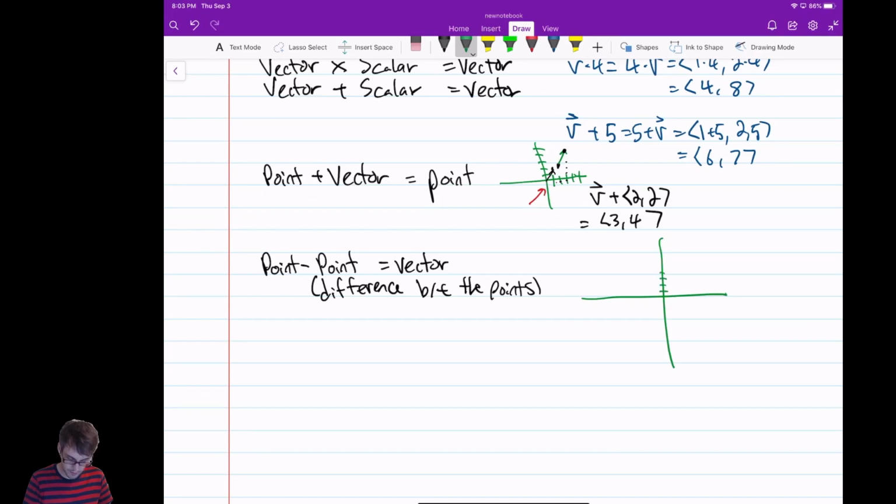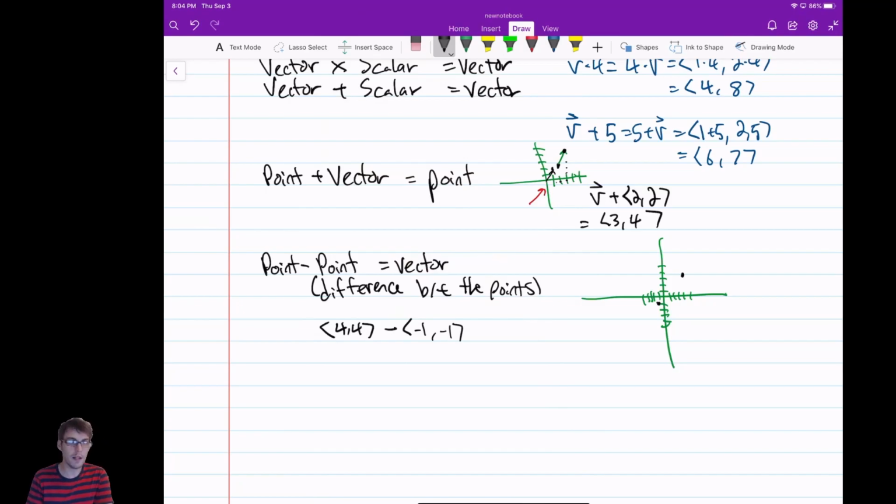So let me draw another example for you. 1, 2, 3, 4, 5. Okay, so I'm going to draw an example here. So let's say I have the following operation. I'm going to do 4, 4, which is a point, minus -1, -1, which is a point. So I have a point -1 down there, and 1, 2, 3, 4, 1, 2, 3, 4, right about there. So I have these 2 points. I'm going to take 4, 4, subtract the other one. Let's see what the math gives us.